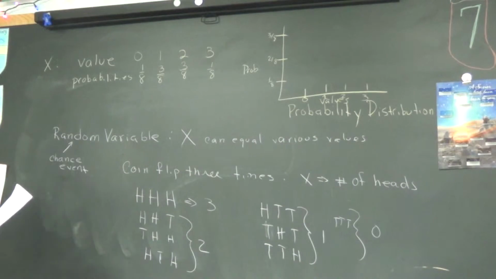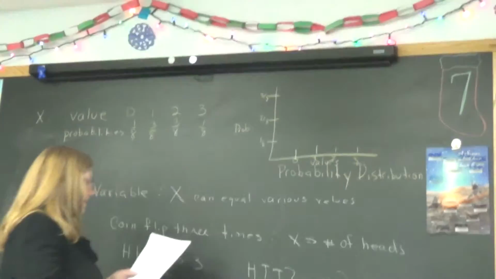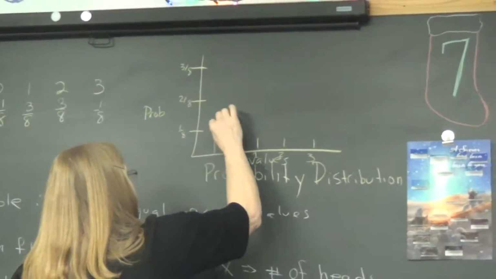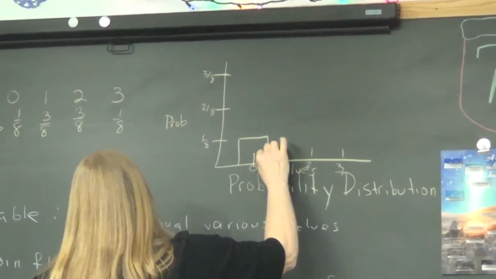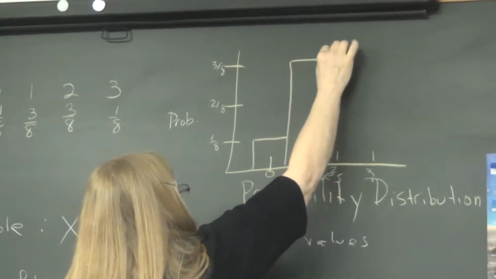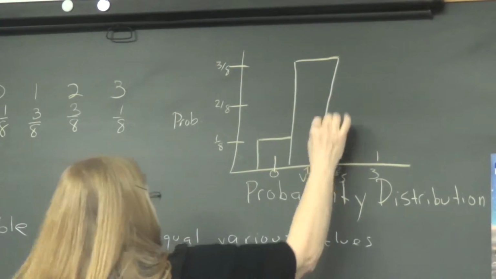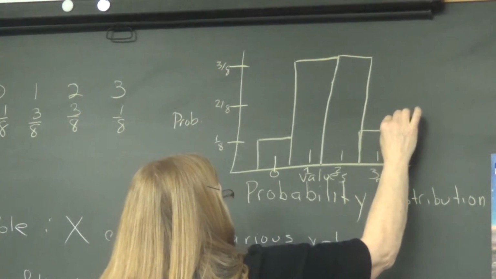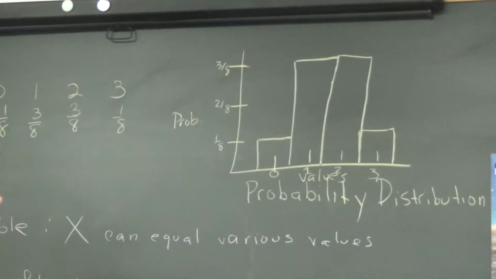So if we make a histogram, what's the probability of getting 0? The bar will go up to 1/8. For 1, it'll go up to 3/8. For 2, it'll go up to 3/8 again. And for 3, it'll go up to 1/8. So that's a probability distribution for this chart, for this random variable. So we are going to have to be able to come up with that.